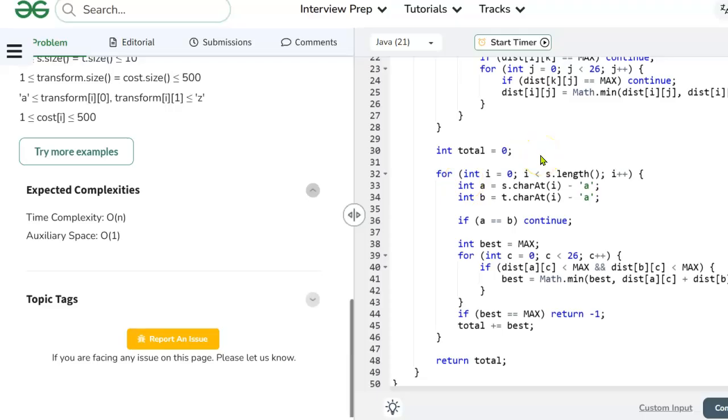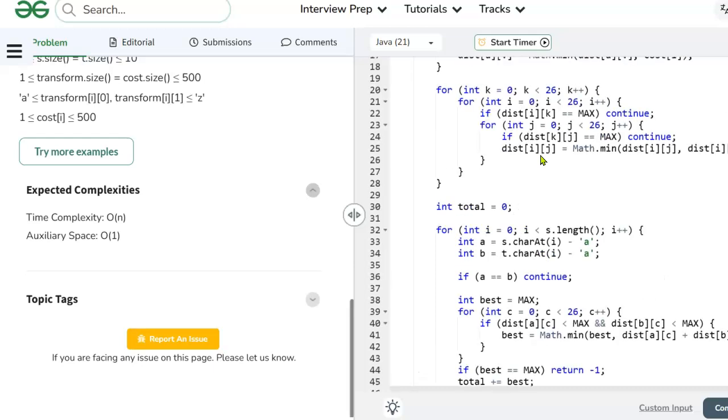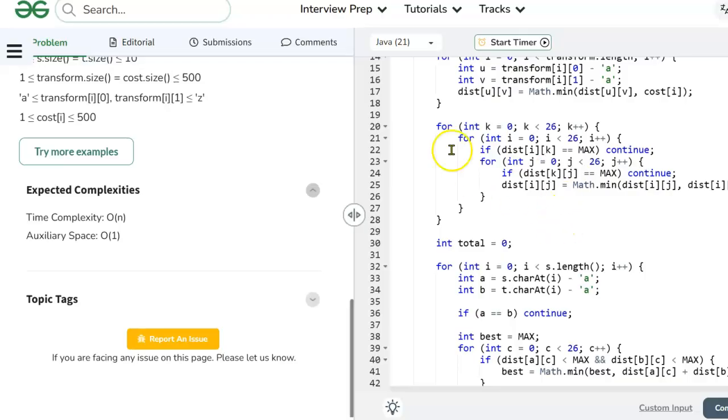Floyd Warshall is O of V cubed. Now, you're going to see in here that this is basically the Floyd Warshall algorithm. The reason it's O of V cubed is because we have a 3-level nested loop.